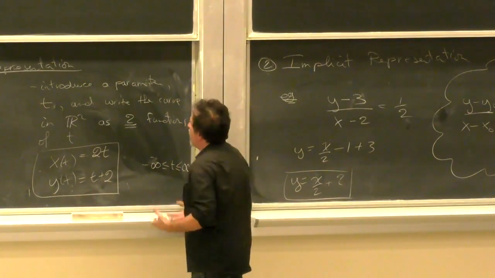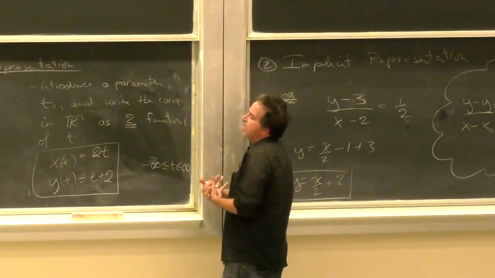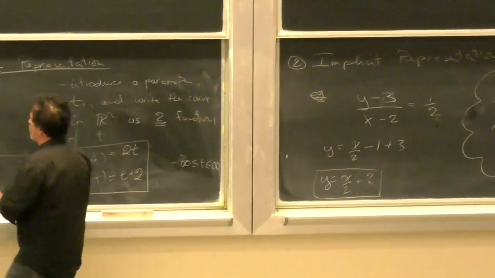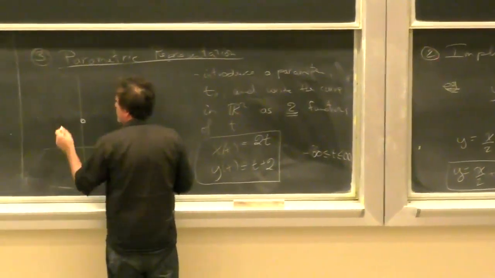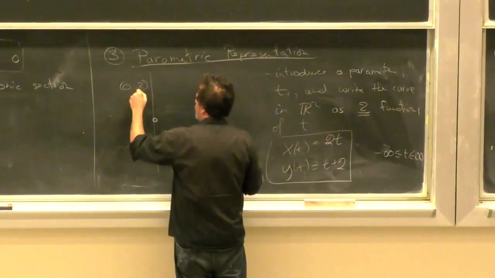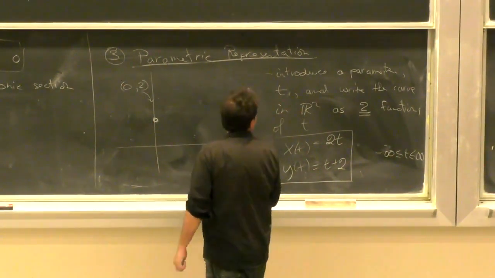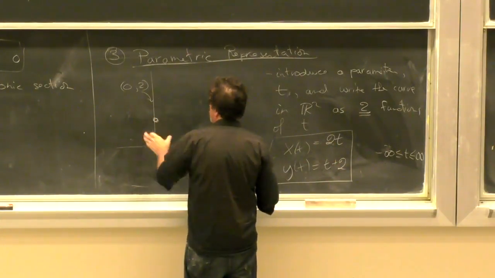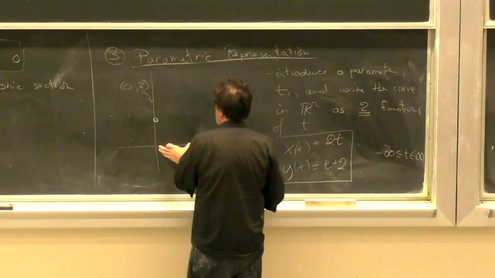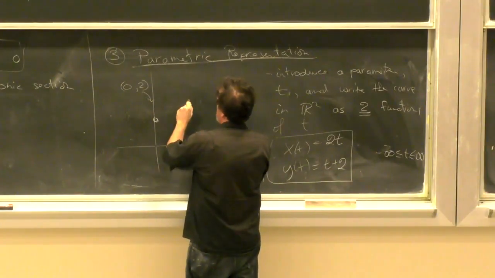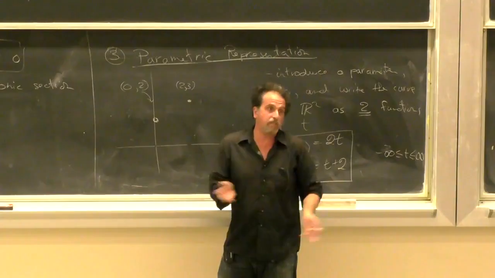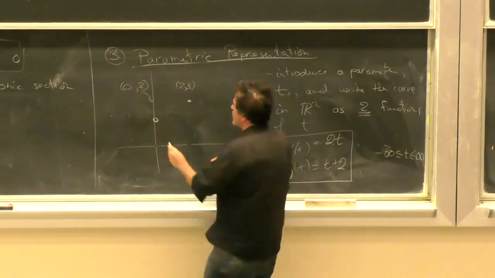Now the way you think about it is, set t equals 0. At t equals 0, you're at 0, 2, which is that point down there. At t equals 1, you're at 2, 3. And when you've got 2 points on a line, you just connect the dots and you're done, right?